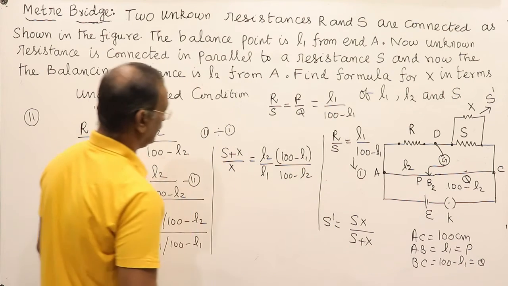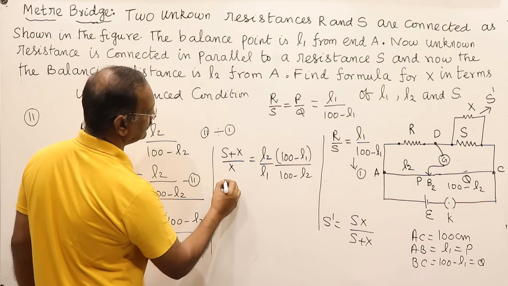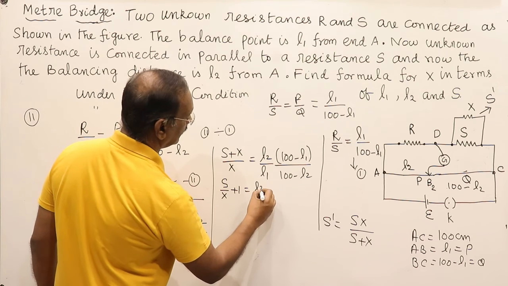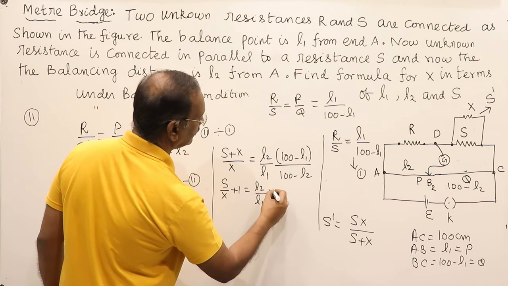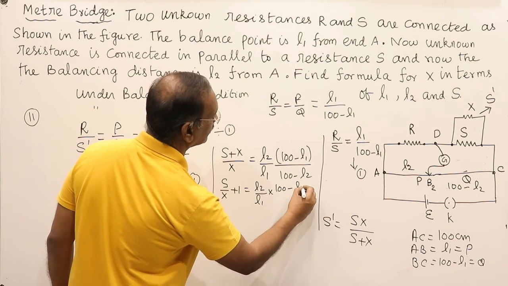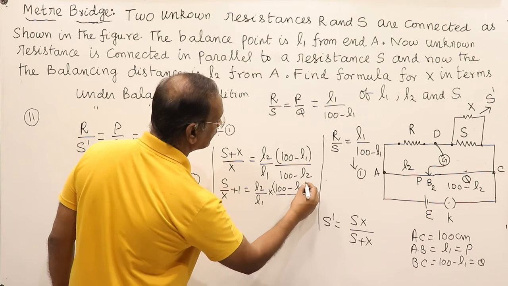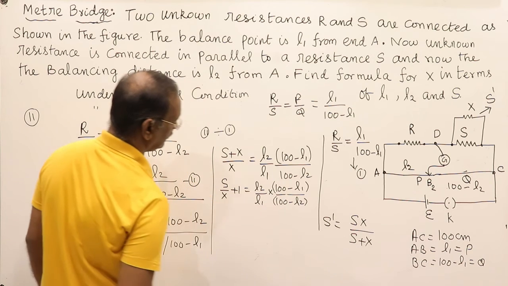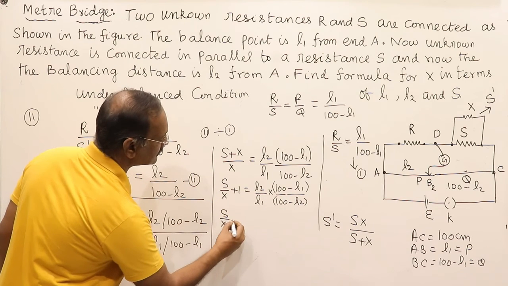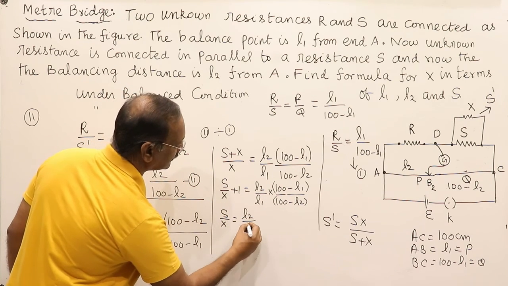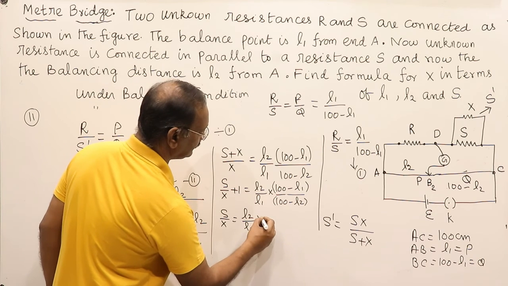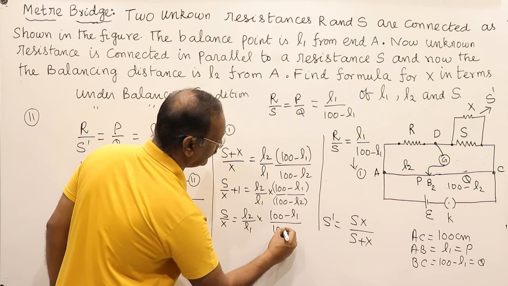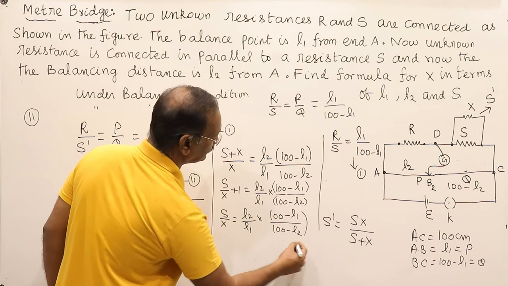Or we can write it as S by X plus 1 is equal to L2 by L1 into 100 minus L1 divided by 100 minus L2.